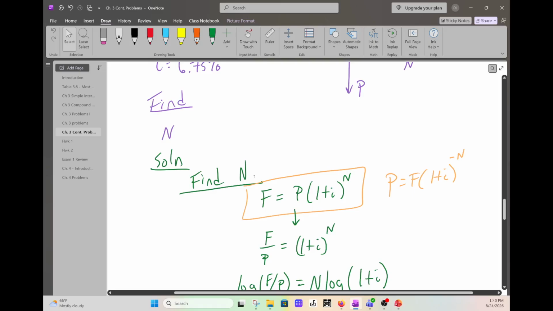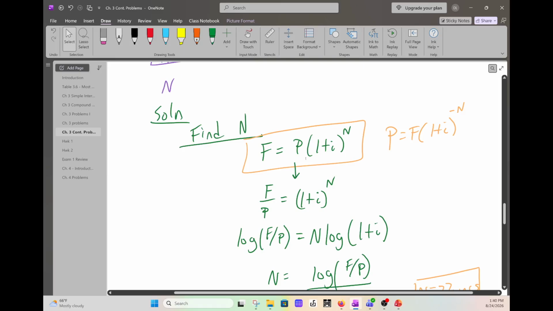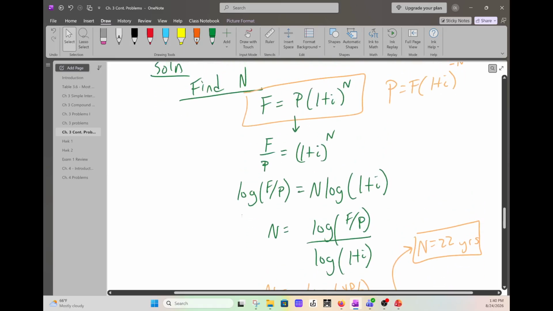Now, we could pick this equation that's boxed, or we can pick this equation over here. Doesn't matter, right? Because each one has P, F, and I, and the unknown is N. So what you have to do is a little bit of algebra to rearrange and solve for N. So I'm going to pick the one that's boxed. So I divide by P, so F over P equals 1 plus I raised to the N. Then I'm going to log both sides.